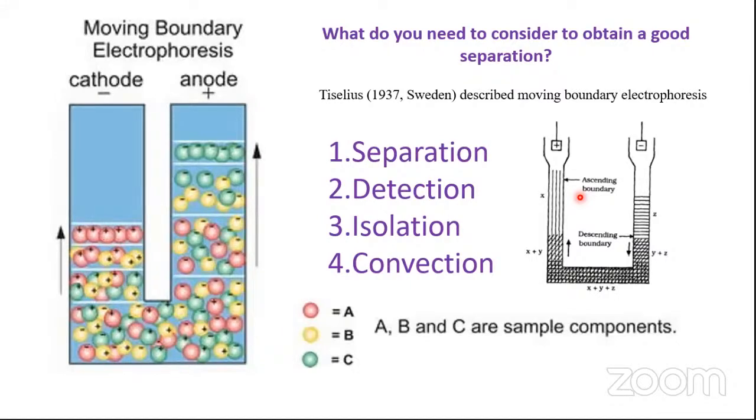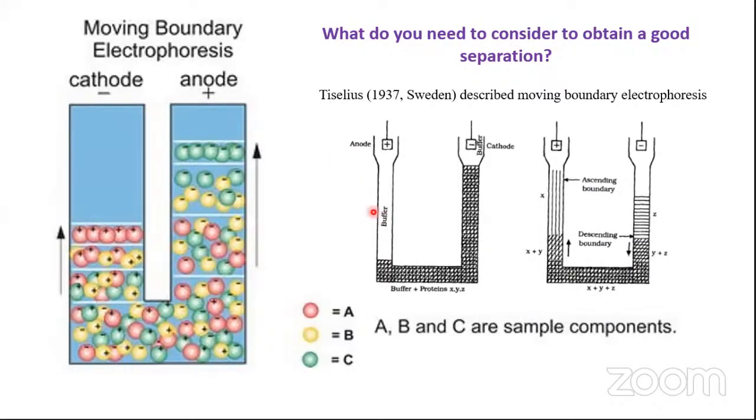So in the previous setup, you had pure buffer over here. You can place a detector device and a laser over here. As soon as there is separation, there will be creation of a boundary of X, and that boundary will obviously have a different refractive index compared to pure buffer.